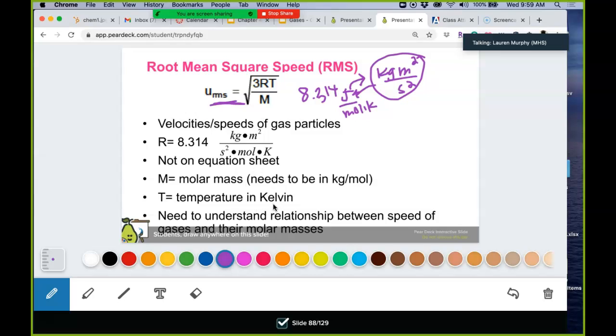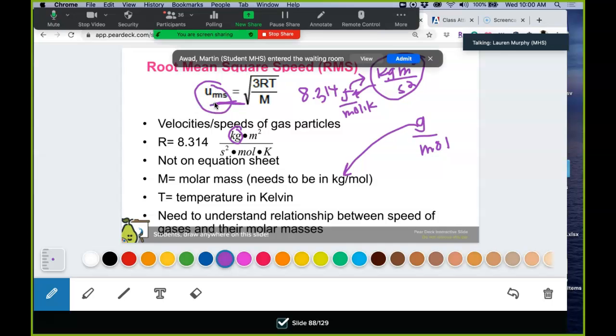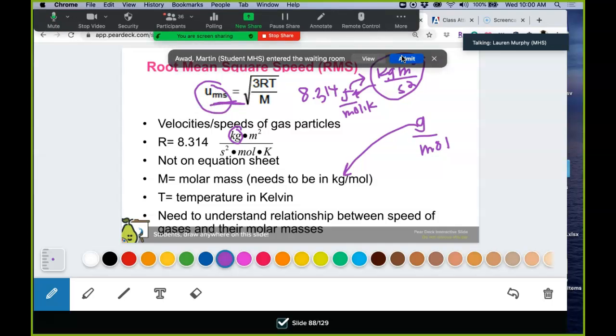Again, like usual in this chapter, temperature needs to be in Kelvin. And then you have to be careful with the molar mass. Because of this kilogram right here, we usually do molar mass as grams per mole, but if we want the units to match, we're going to have to do it as kilograms per mole. That's something weird we've never really done before. But again, the whole point is calculating how fast or slow gases move.